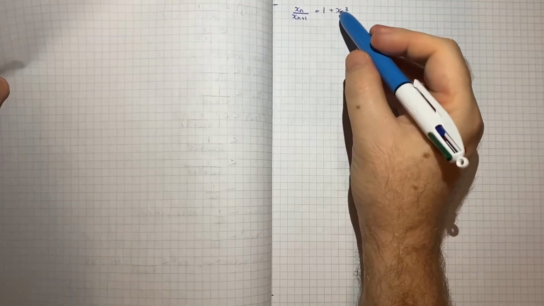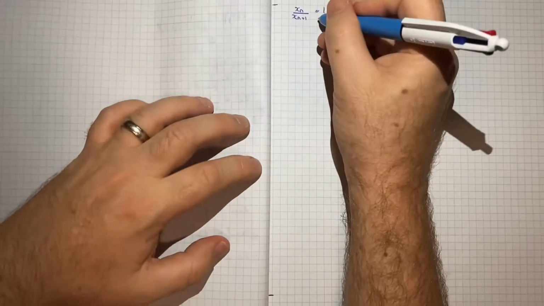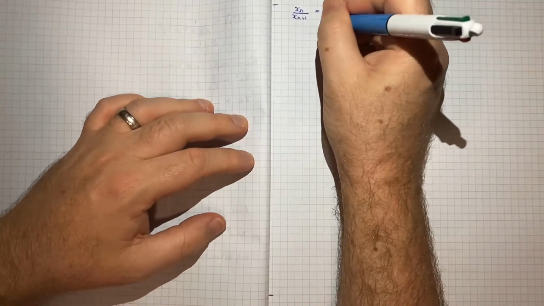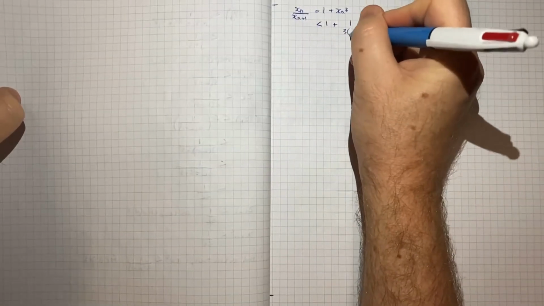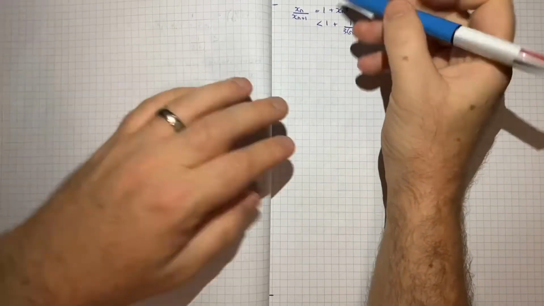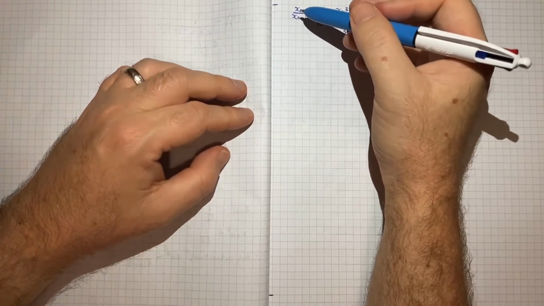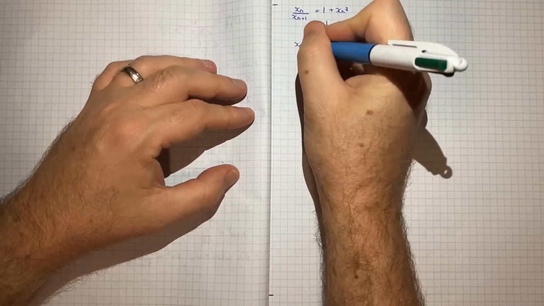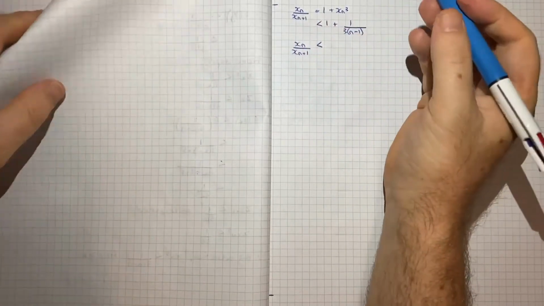We've just shown that x_n cubed is less than 1 on 3n minus 1. So that means x_n on x_(n+1) must be less than 1 plus 1 on 3n minus 1.